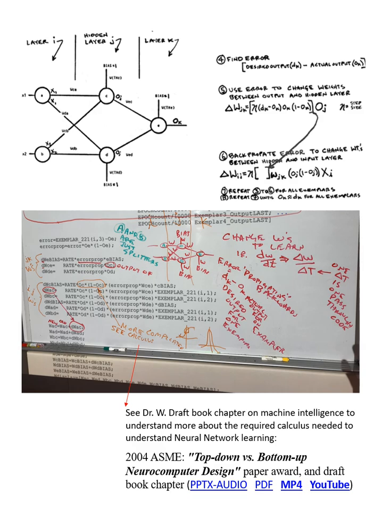You've got to propagate the error through the weights and the neurons in the hidden layer, and the weights between the hidden and output layer, to then change the weights in the IJ layer between the input and hidden layer. And there's a link to see more about that below if you like.